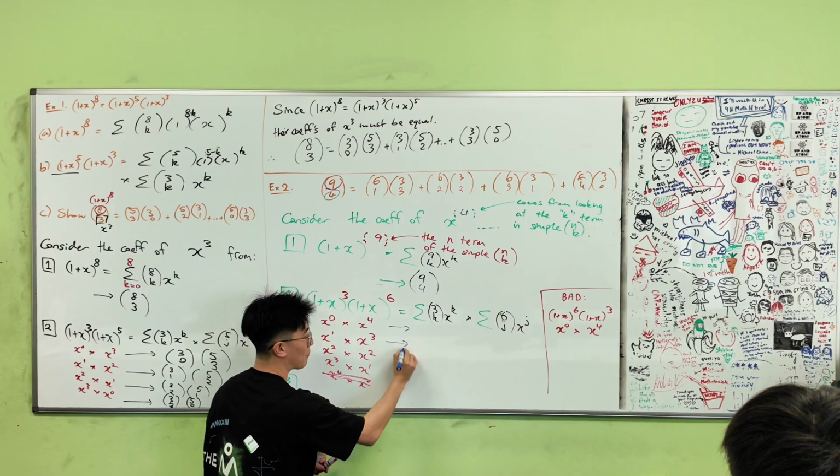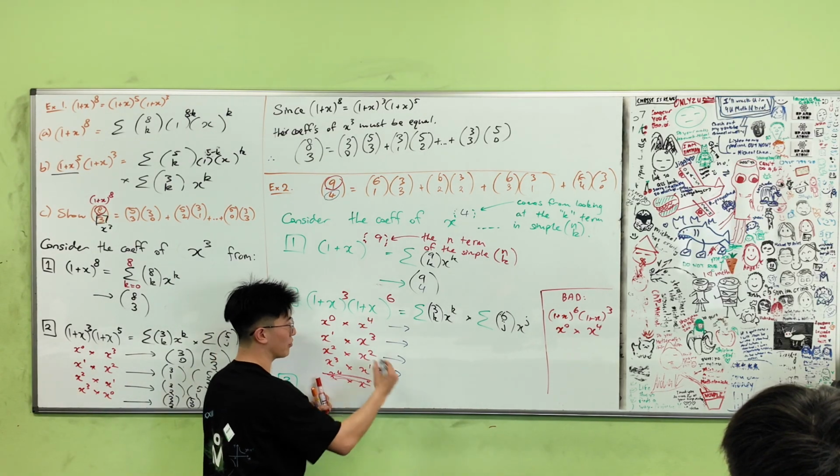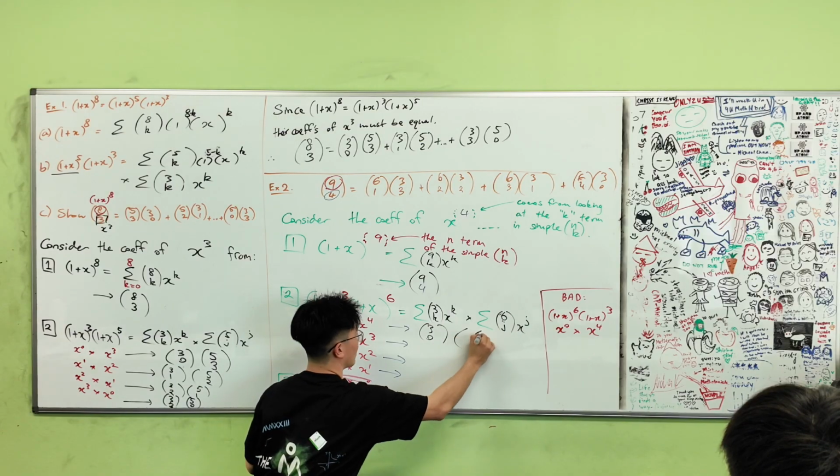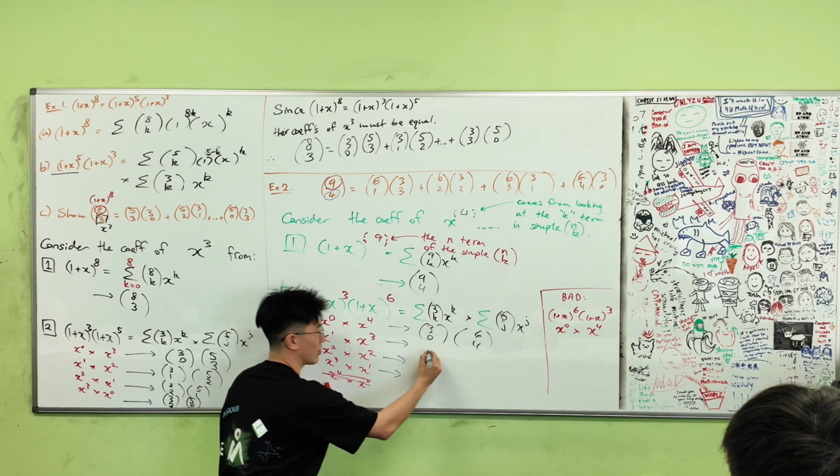And then my blue arrow represents all of my coefficients. So this would be, I'm gonna do this real quick. 3 choose 0, 6 choose 4. Are we okay with that? I'm gonna do it silently and you just check in your own head if it's okay.